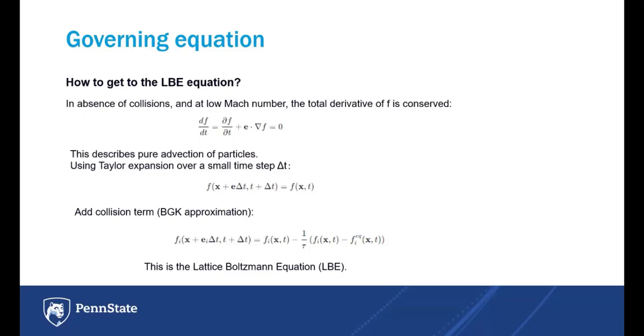This is the famous lattice Boltzmann equation. It includes two key steps: collision, where particles relax toward equilibrium, and streaming, where particles move to neighbor nodes. These two steps are the foundation of the LBM algorithm.